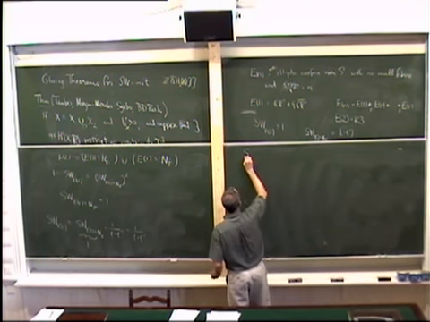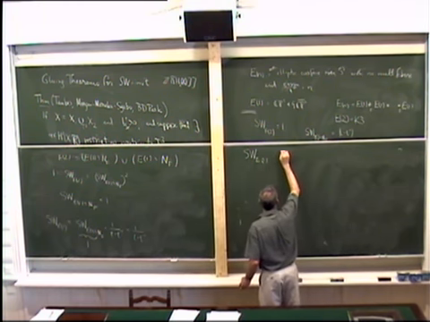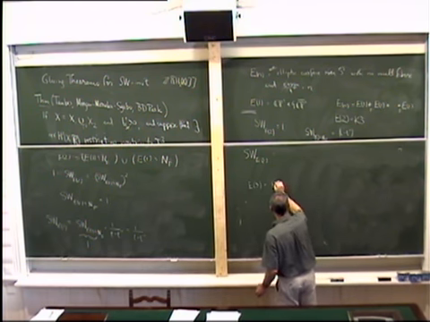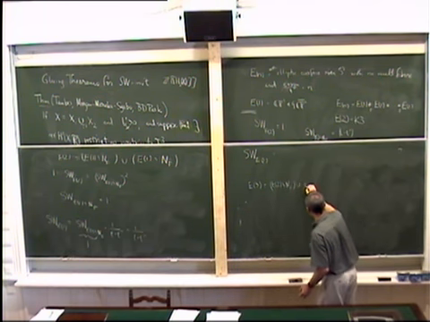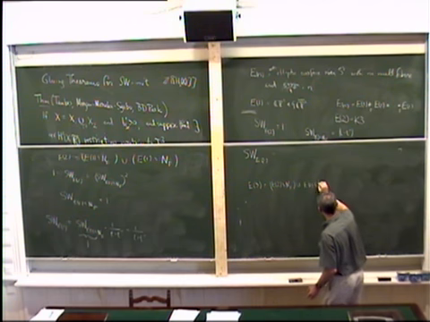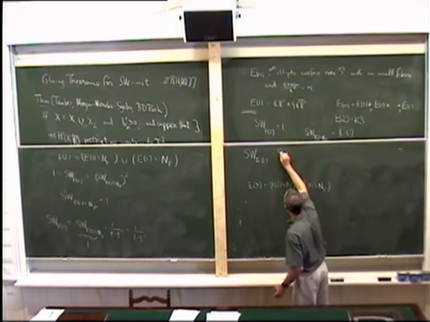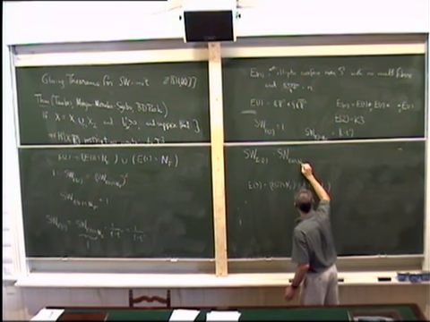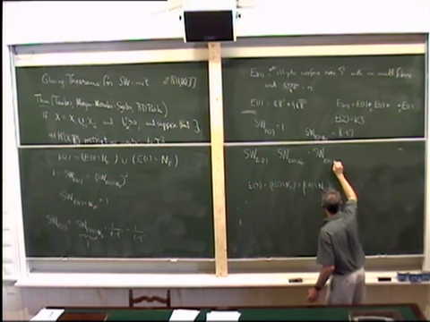So the Seiberg-Witten invariant of E3: E3 is E2 minus the neighborhood of a fiber union with E1 minus the neighborhood of a fiber. So the Seiberg-Witten invariant here is the Seiberg-Witten invariant of E2 minus the neighborhood of a fiber times the Seiberg-Witten invariant of E1 minus the neighborhood of a fiber.